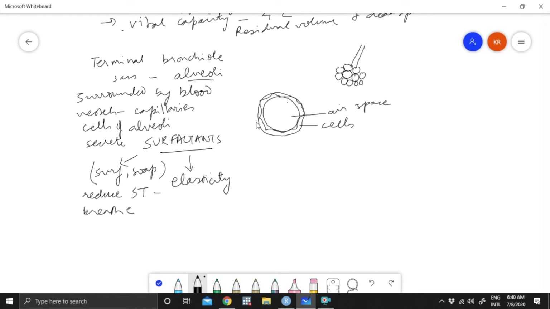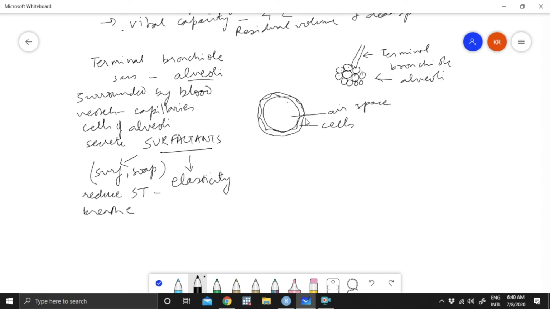So coming back, this is one spherical ball-like structure of the alveoli. There are many which have been shown over here. All these are the alveoli, and this is the terminal bronchiole. So we will label this the terminal bronchiole, and these are the bunch of alveoli.